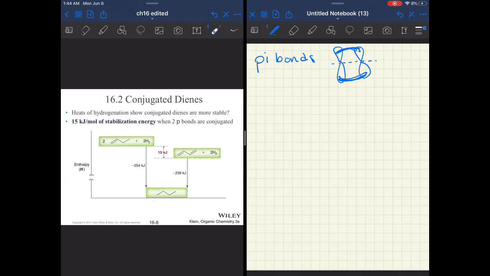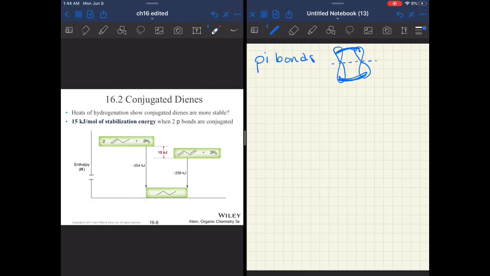Now, we run across these kinds of graphics periodically throughout Klein. They're used to show energy. What we're viewing here, and what we see with a lot of double and triple bonds, is that we use hydrogenation reactions. So we judge the energy of the double bond compared to the energy of the resulting alkane.